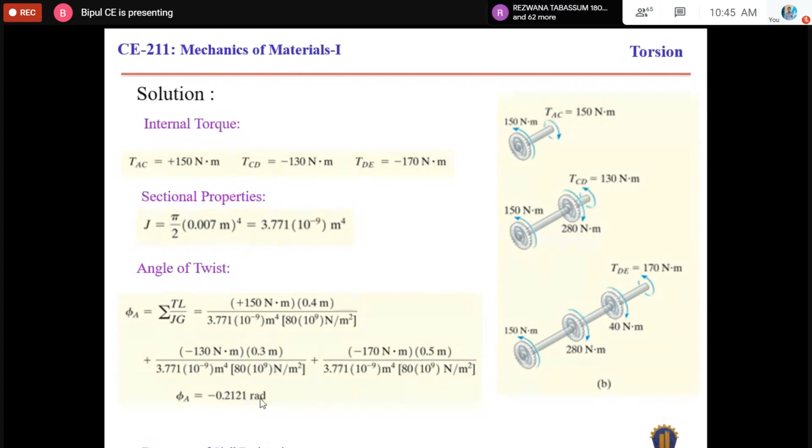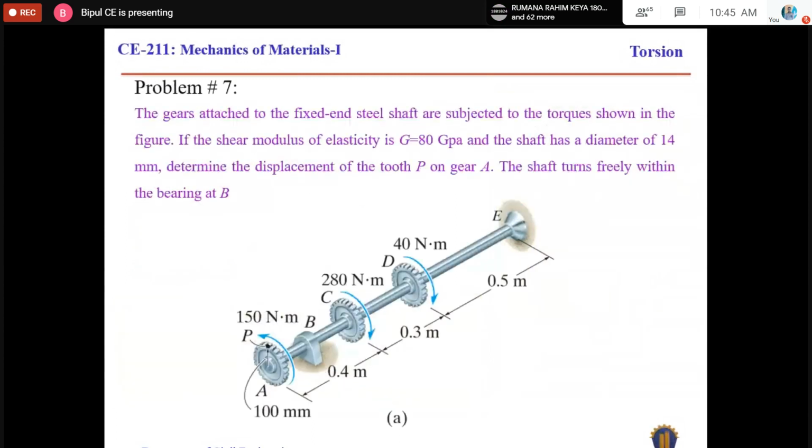0.21 radian. That is the angle of twist of gear A with respect to the support. Okay, that is the angle of rotation or angle of twist of this gear with respect to this support, and this angle is constant anywhere in this section.